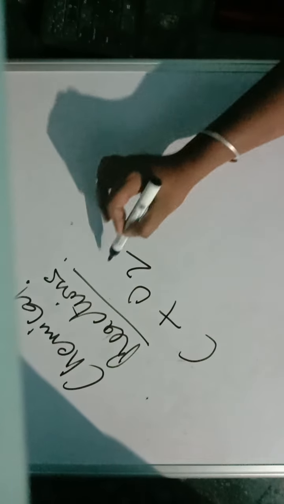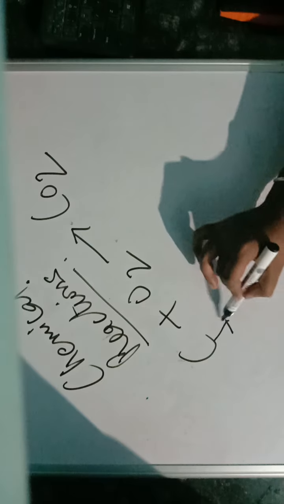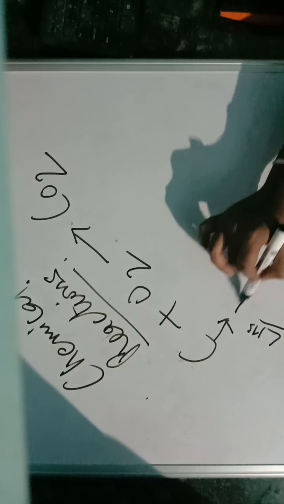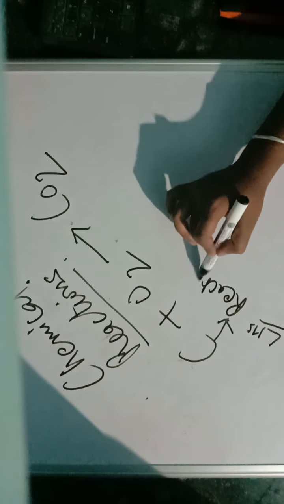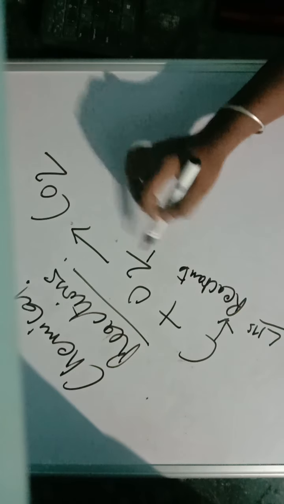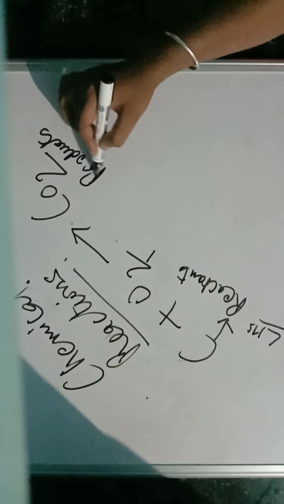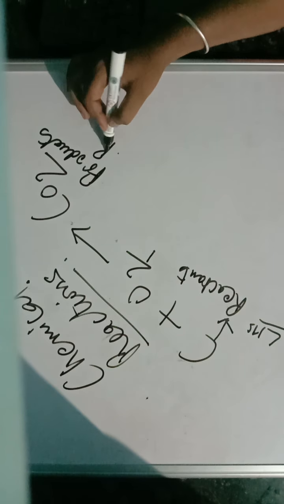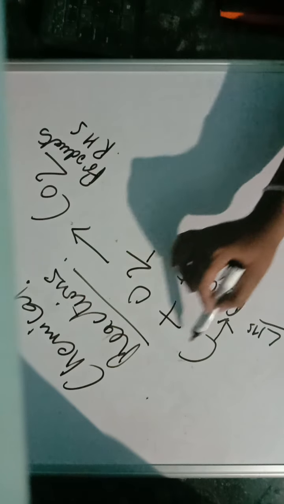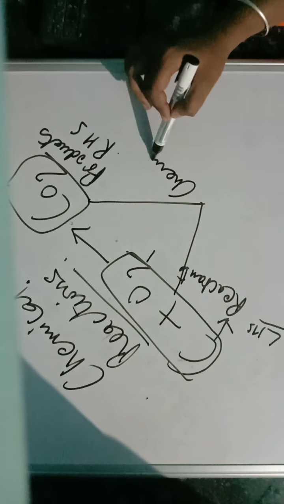If I say C plus O2 gives CO2, the left hand side is always the reactants and the right hand side is the products. So this is reactants and this is products, and both together give you a chemical reaction.